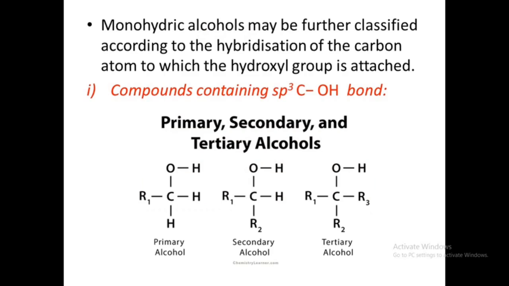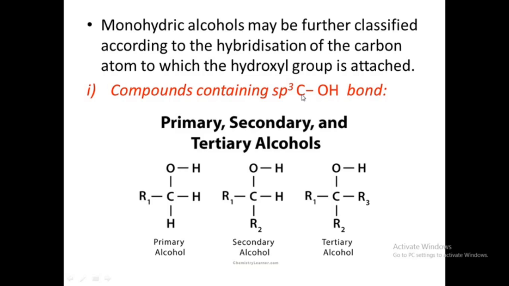And then monohydric alcohols are further classified according to hybridization of the carbon atom to which the alcohol group is attached. The first, compounds containing sp3 carbon OH bond. In these compounds, the carbon atom to which OH group is attached is sp3 hybridized.